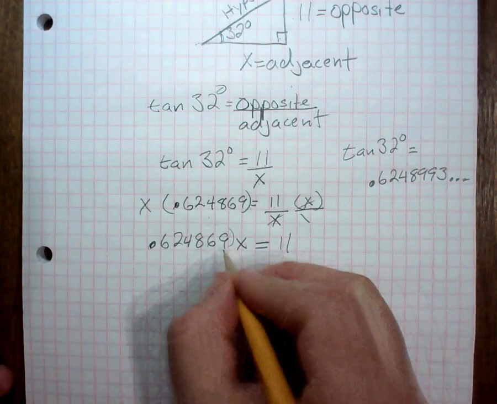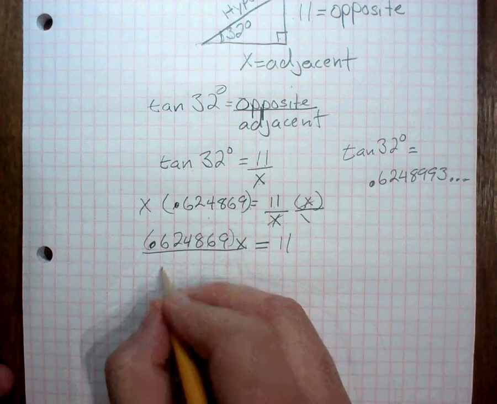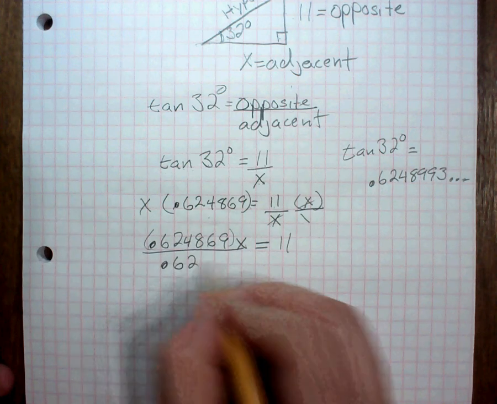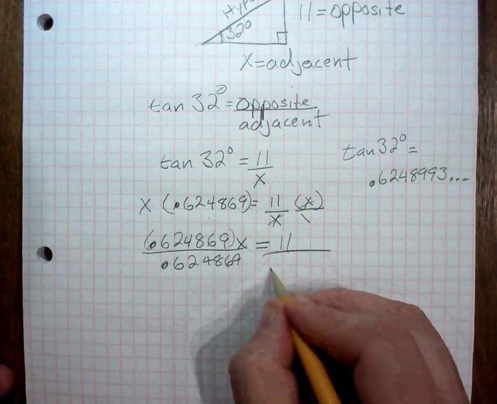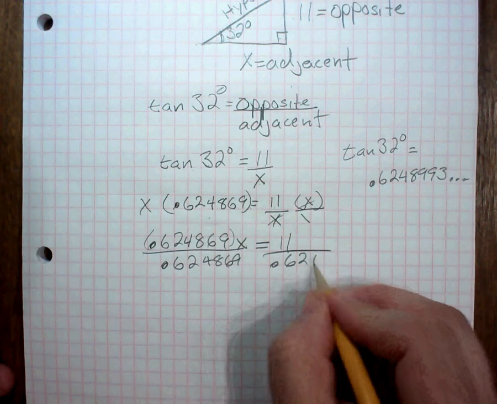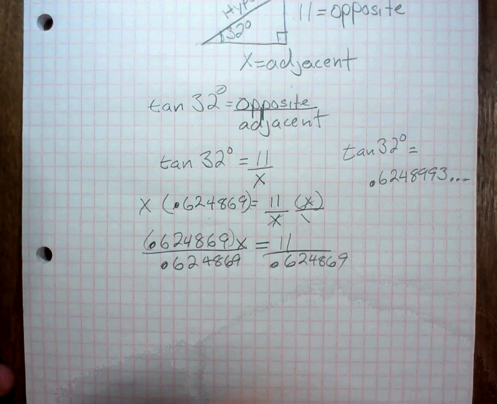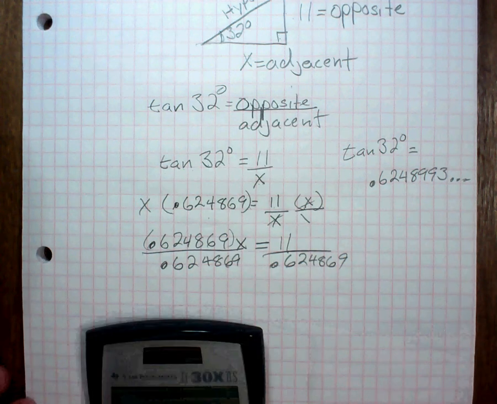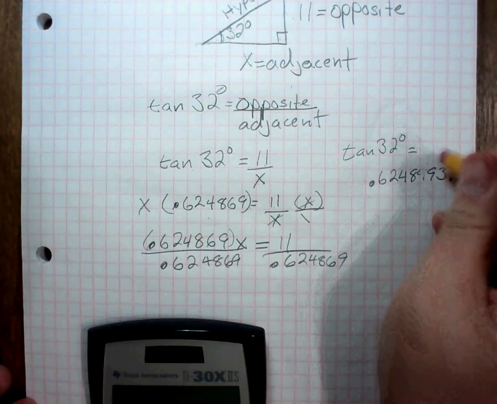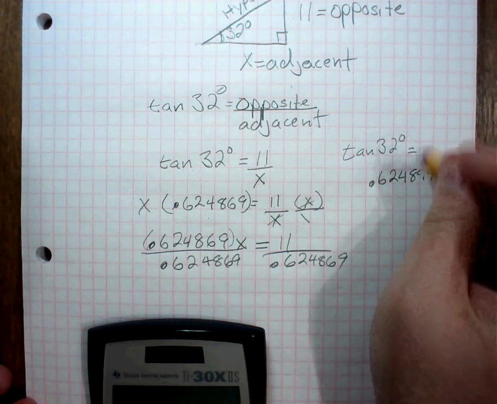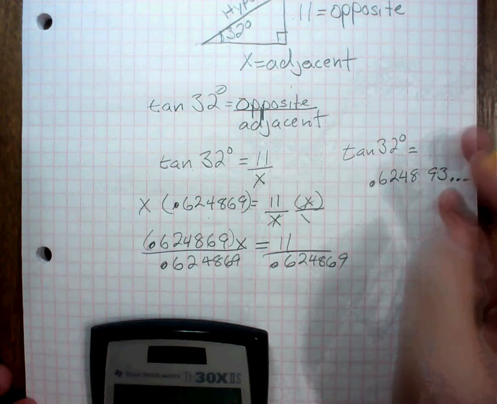Now, to get rid of this number, I'm just going to divide both sides by 0.624869. Whatever I do on one side, I've got to do on the other side. Okay? Oh, you know what? I wrote this down wrong. It's supposed to be 869. Alright.